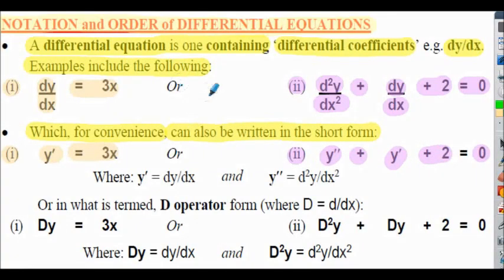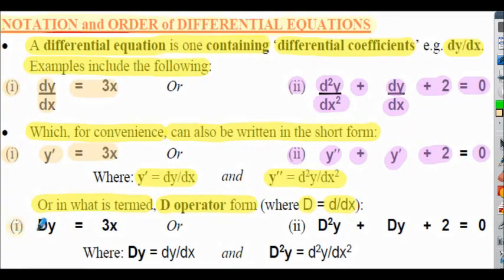This relates to the historical background of Leibniz and Newton's almost simultaneous publication of their work on calculus. We can also write these equations in what is termed the D operator form, where capital D means d by dx.